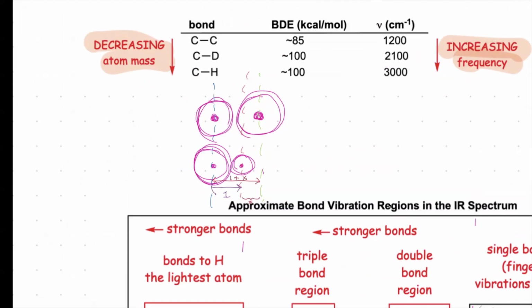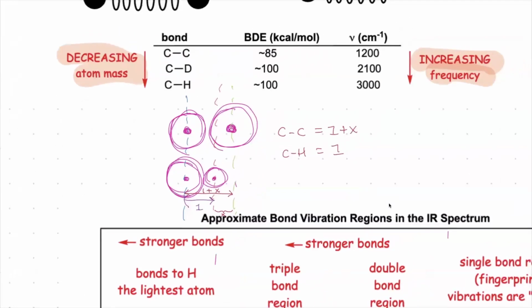A carbon-carbon bond is equal to 1 plus x. A carbon-hydrogen bond is just equal to 1. So when we're talking about bond dissociation energy, it is a higher bond dissociation energy because it takes more energy to break this bond here versus this bond here.